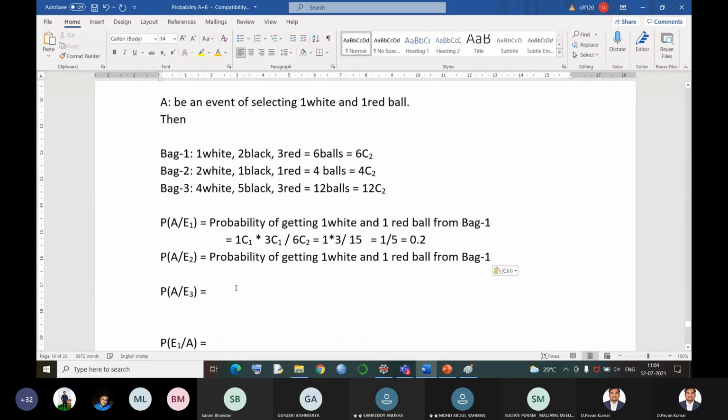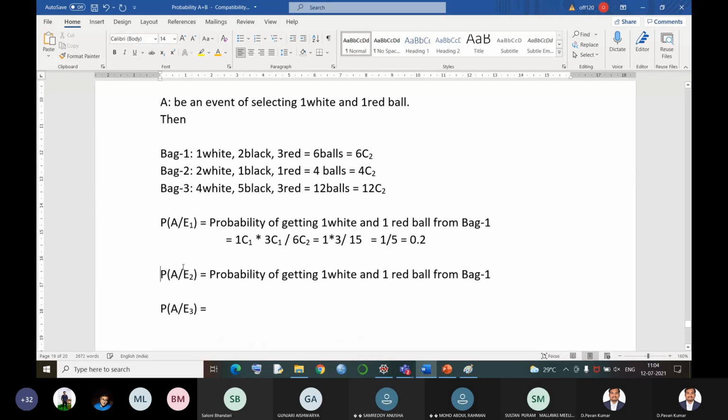P of A by E2 is the probability of getting one white and one red ball from bag 2. Now, what is the favorable number of cases of getting one white and one red ball from bag 2? Since there are two whites, I can draw in 2C1 ways, and since there is only one red ball, I can draw in 1C1 ways, and it is over 4C2.